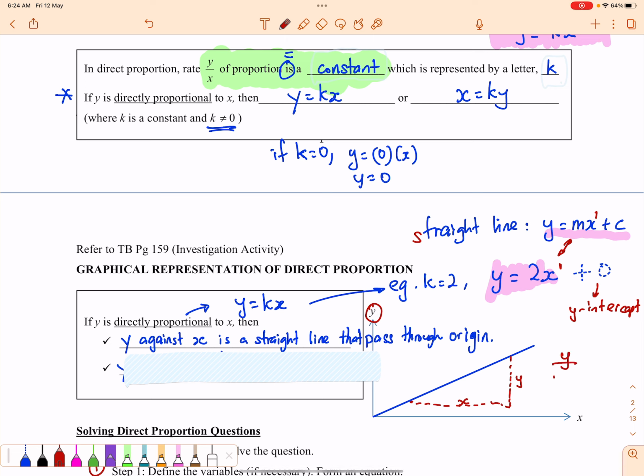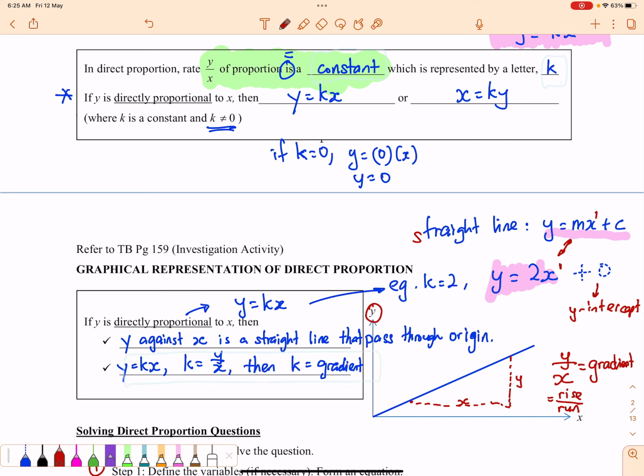So if I say y over x, actually I am talking about gradient, because gradient is rise over run, right? Earlier on in set 1, we learned that gradient is rise over run. And therefore, we say that if y equals kx and k equals y over x, then k is the gradient. Okay?